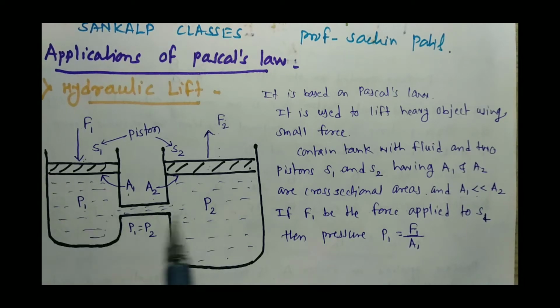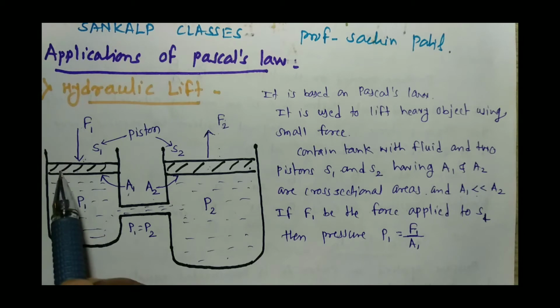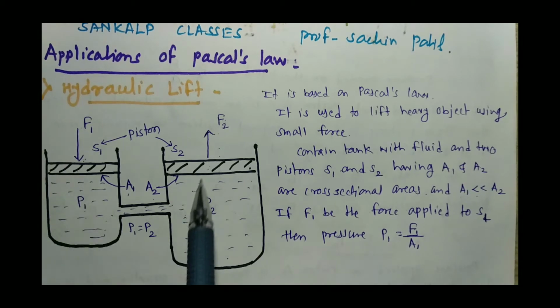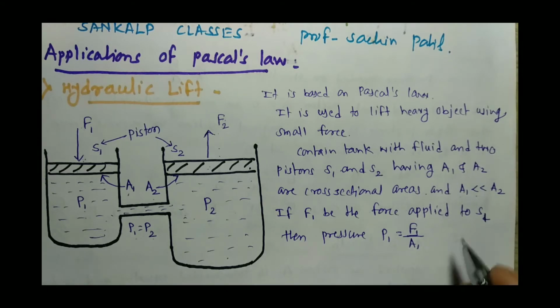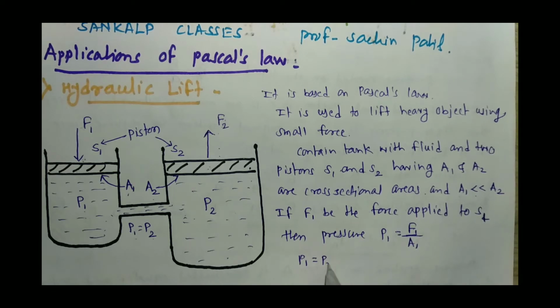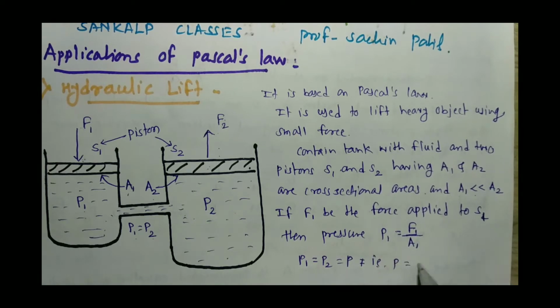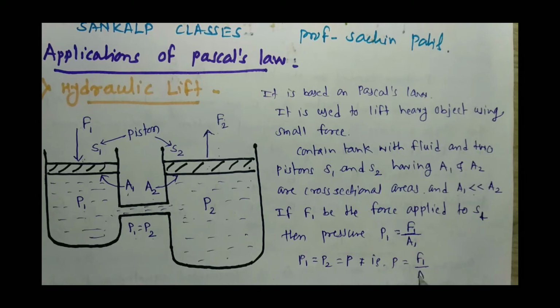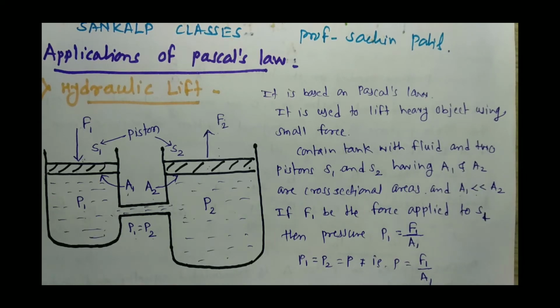According to Pascal's law, the pressure applied at one point is transmitted equally and without diminishing to the other point, and therefore P1 is equal to P2. Let us consider P1 equal to P2 equal to P, that means P is equal to F1 divided by A1.